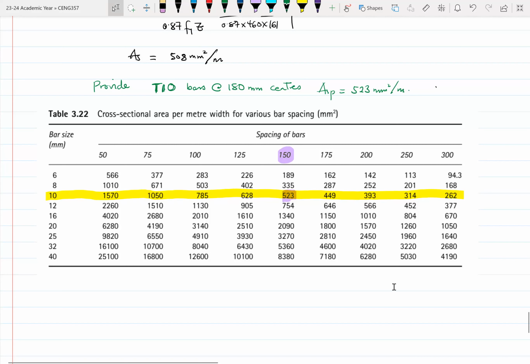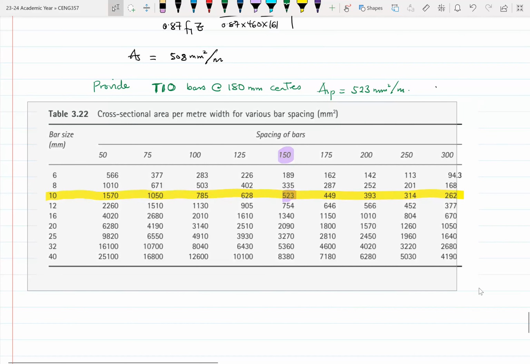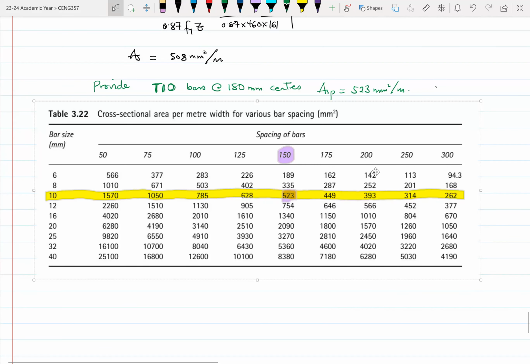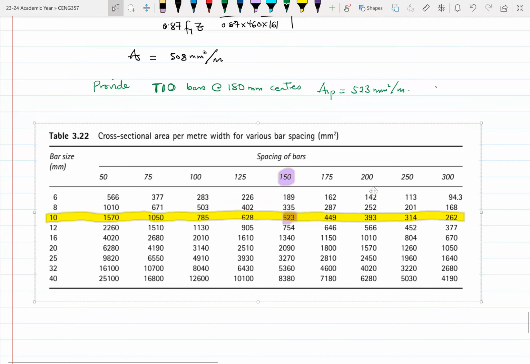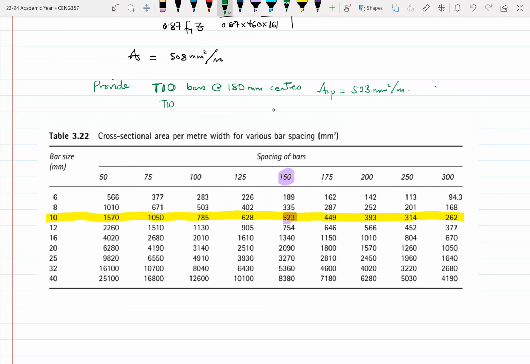You would also have some documents or some books where some would just say T10 at 150, or even not many millimeters here.